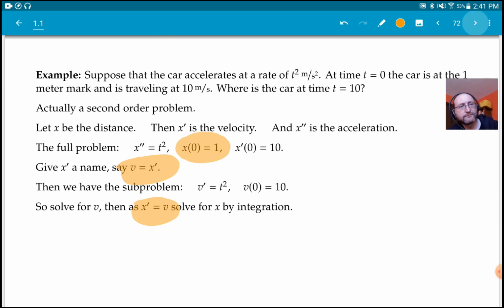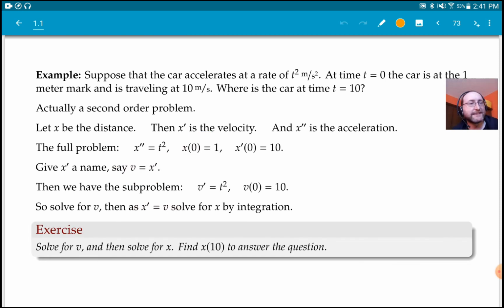We'll just leave that as an exercise. So basically, you solve two problems. You first solve this problem, and then you solve this problem. Once you know v, you plug that in here, solve that problem, and then you plug in 10 for t and get what x is.